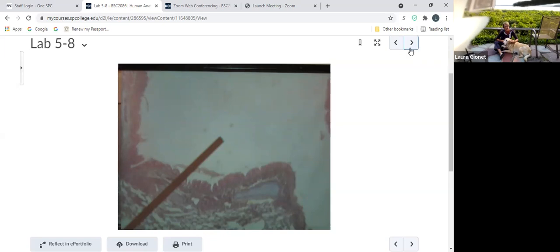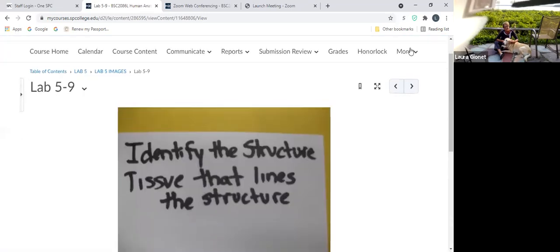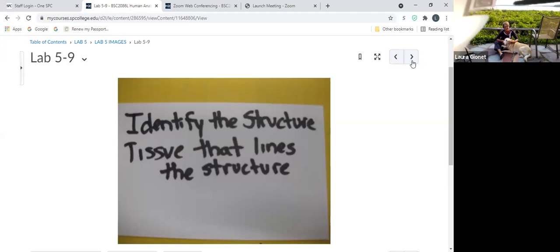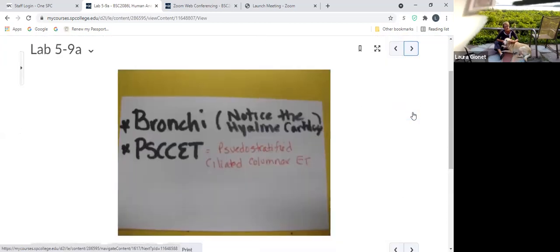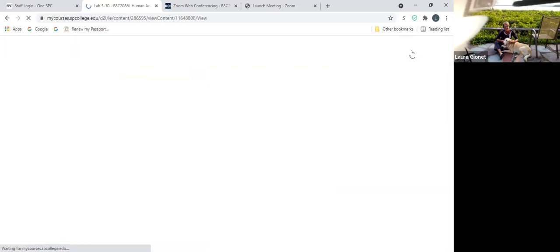So this is a bronchi. You must see somewhere the hyaline cartilage to call it a bronchi. Notice the hyaline cartilage, even if there's small areas, and it's lined with pseudostratified ciliated columnar epithelial tissue.